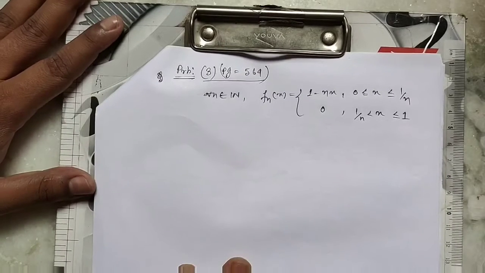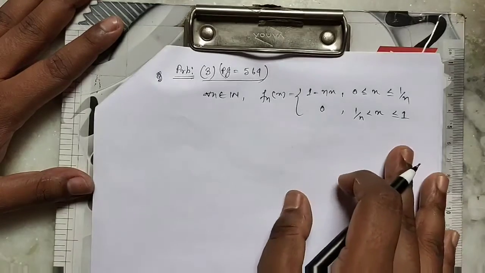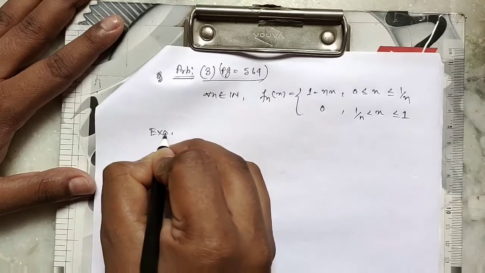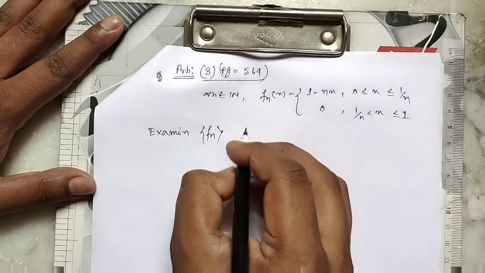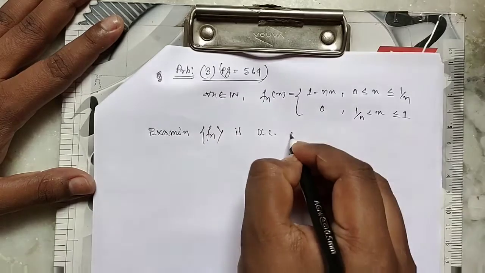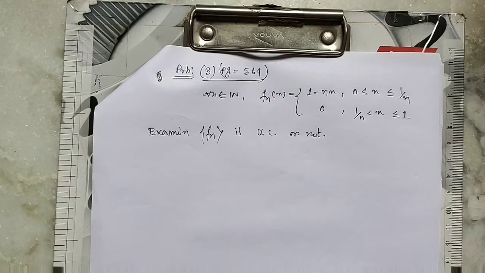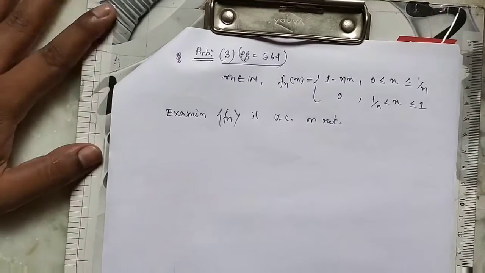This is our fn(x). We examine whether the sequence of functions fn is uniformly convergent or not.